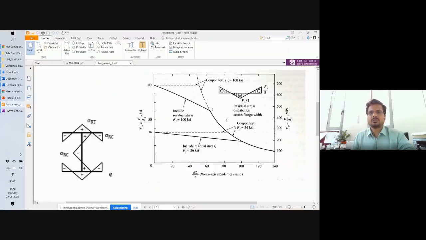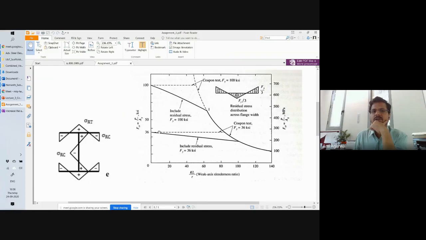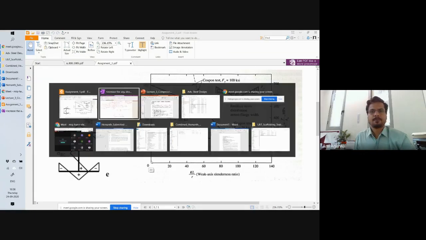That's what you need to do, and you need to calculate the capacity. So basically what you will get at the end is a column capacity curve: KL by R plotted against the load or the capacity.